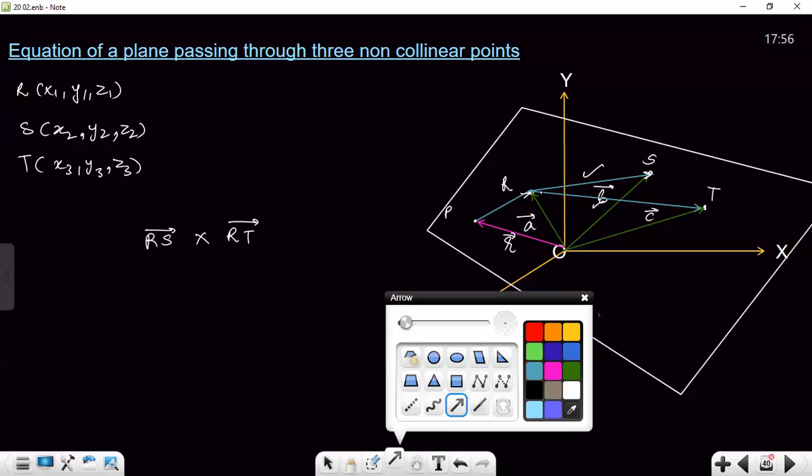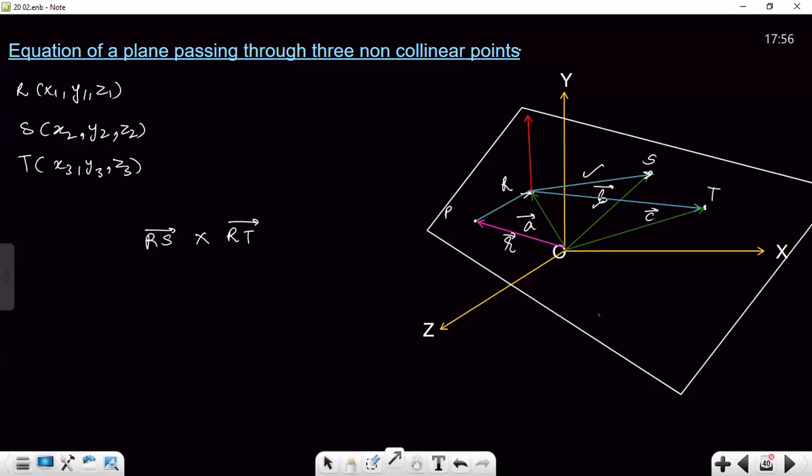It will be perpendicular to the plane, somewhat like this. We have to imagine that this vector is perpendicular to the plane. This is RS vector cross RT.